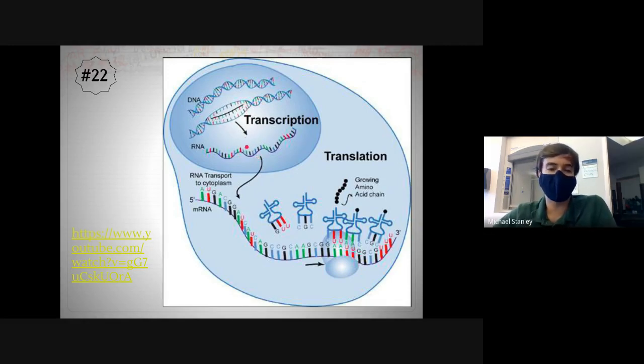That RNA then takes that gene out to a ribosome, and then the ribosome reads codon to codon to codon, brings in the correct tRNA, it drops off its amino acid, and we slowly grow this amino acid chain until finally we reach the end of the mRNA, and we can turn that chain into a protein. So DNA to RNA to protein: copying the code, reading that code, and putting the correct amino acid in the correct place to give us a protein.